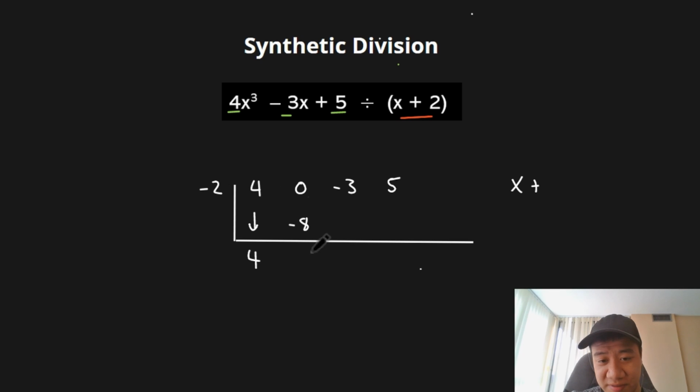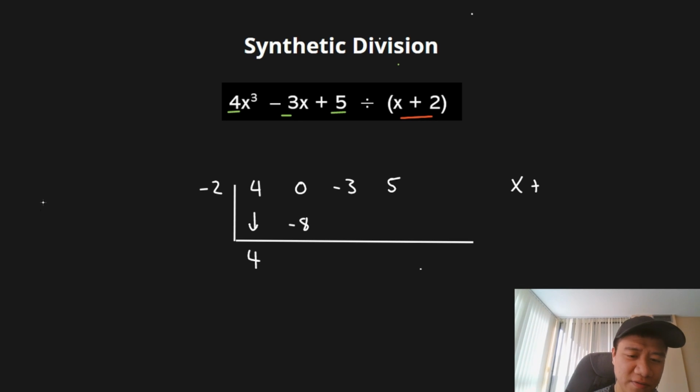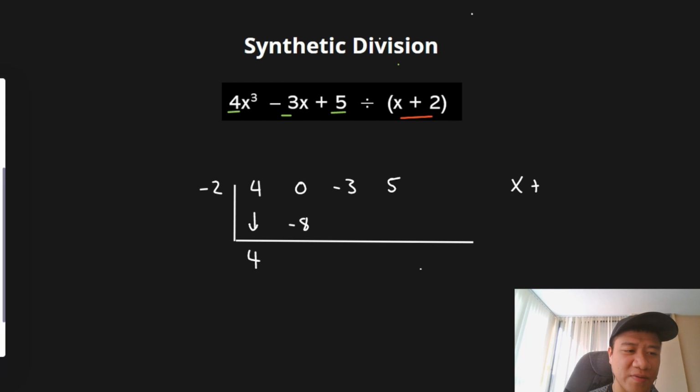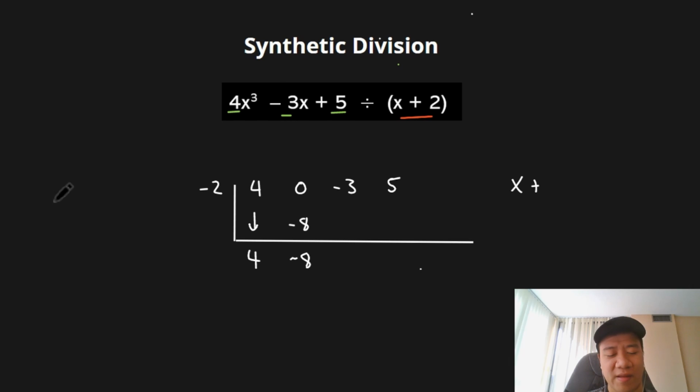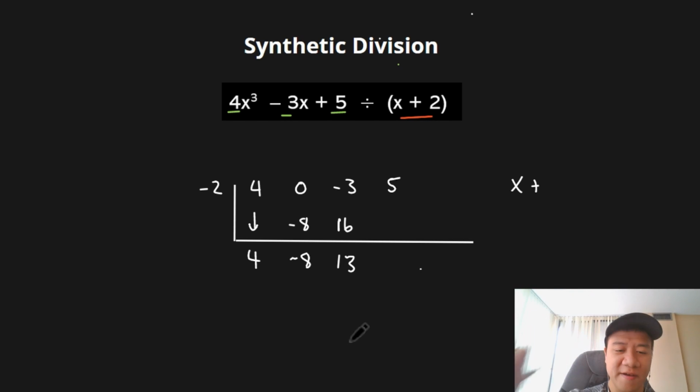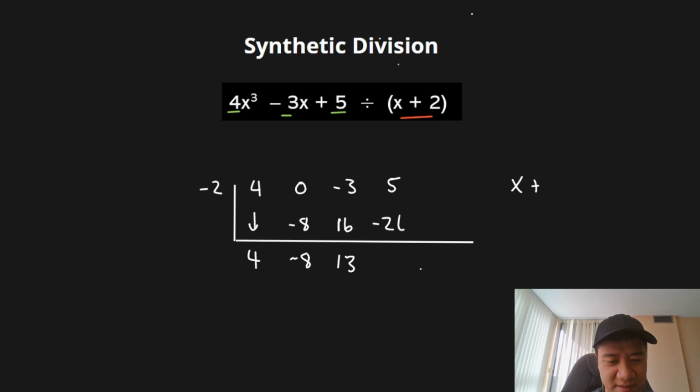Then 0 plus -8 is -8. Oops, we're adding, not multiplying there. Then we repeat multiplication: -8 times -2 is +16. And then -3 plus 16 gets us 13. Then 13 times -2 gets us -26. And then 5 plus -26 gets us -21.